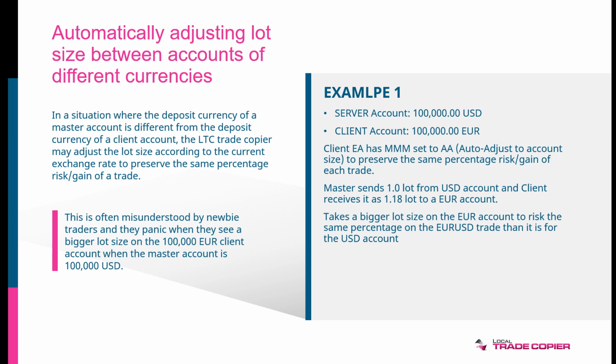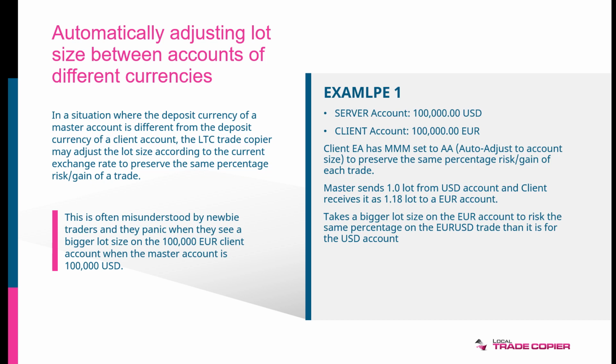So server $100,000, client 100,000 euros. Client EA has the AA set, the default money management mode, and it will preserve the same percentage risk or gain of each trade. So if the master sends one full lot from a USD account, the client receives it as a 1.18 lot on a euro account, taking into account the current exchange rate. I don't know what it is today, but when I was making this example, it was roughly around 1.18, yeah? 1 euro was $1.18.